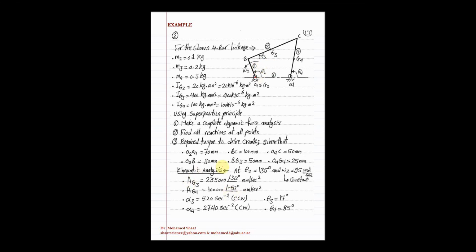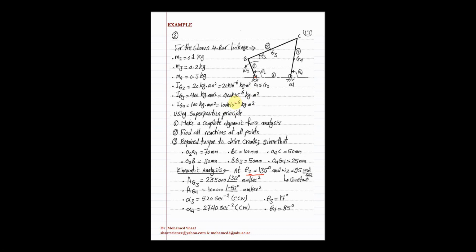Theta 2 is given down here as 130. Omega 2, the angular velocity of the crank, is given as 95 radian per second, and it is constant. So alpha 2 is going to be 0 for crank number 2.